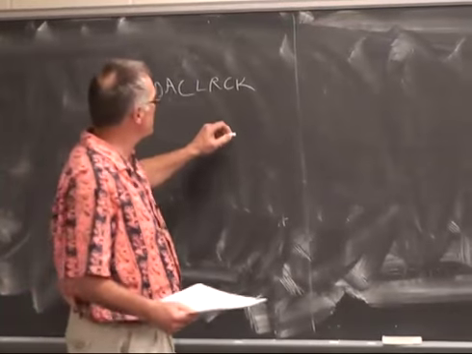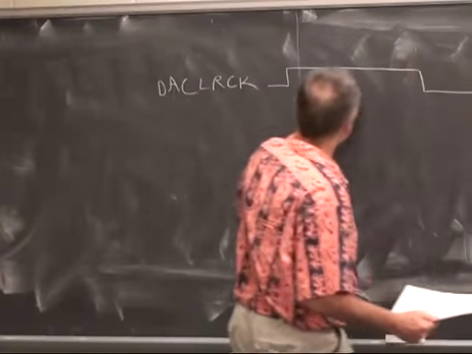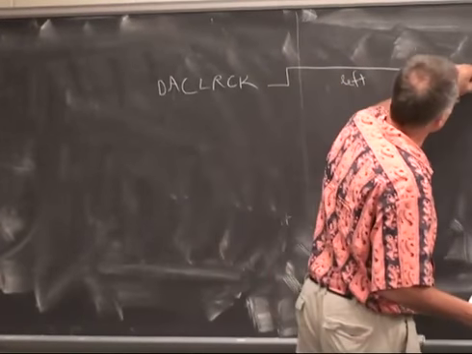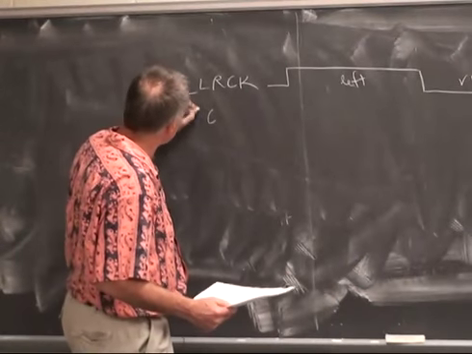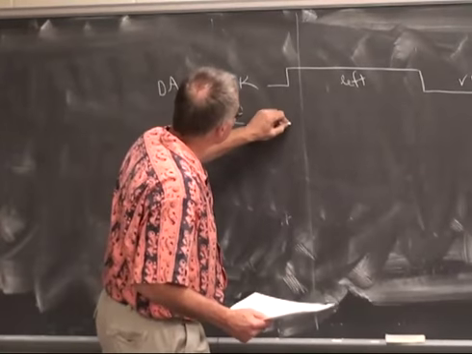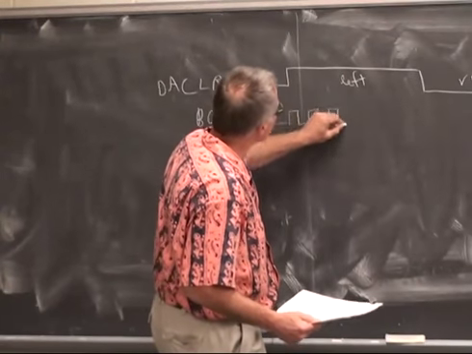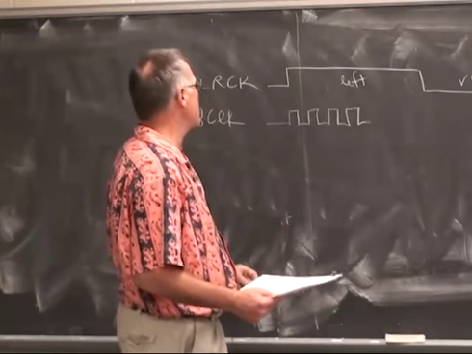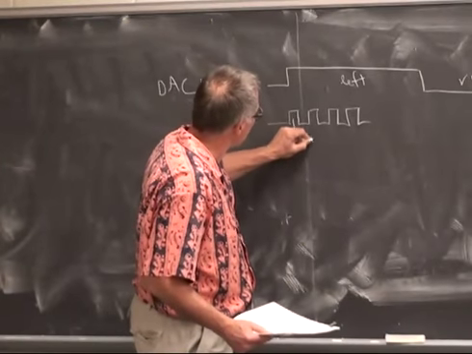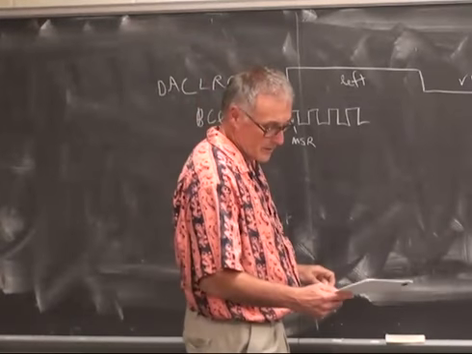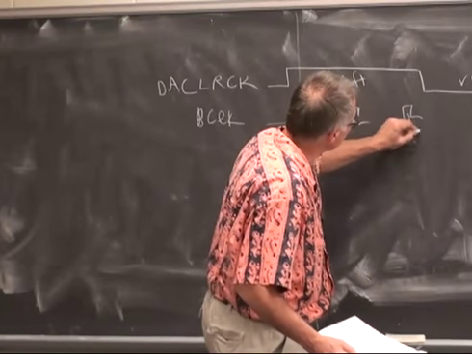So the FPGA is going to generate a DAC left-right clock, which it turns out is high on left channel and low on right channel. And the bit clock, BCLK, is going to transition a bunch of times on the left and right, enough that you can put out 16 bits, most significant bit to least significant bit.